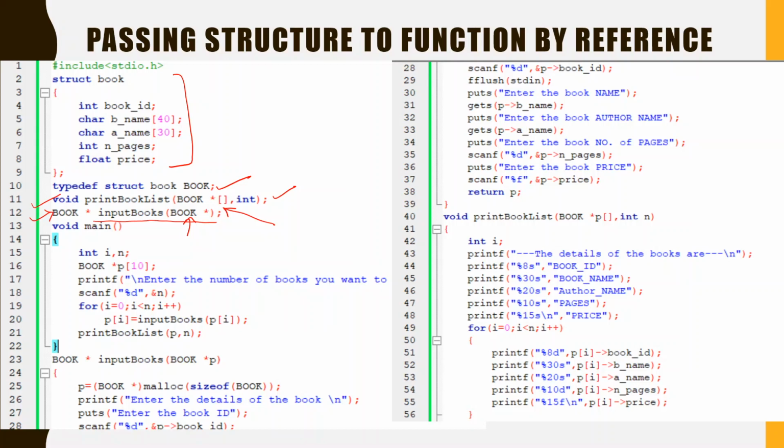Those who don't know how to pass by reference should first watch my video on passing parameters by reference in the function playlist. There, if we wanted to pass a pointer to the array of pointers of a fundamental data type, we would have written like this.